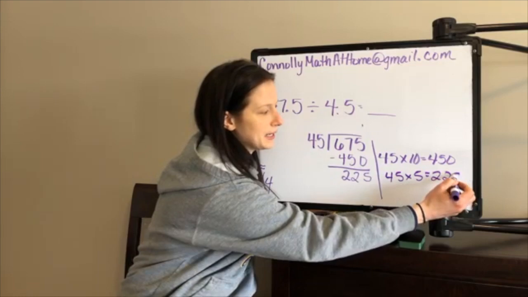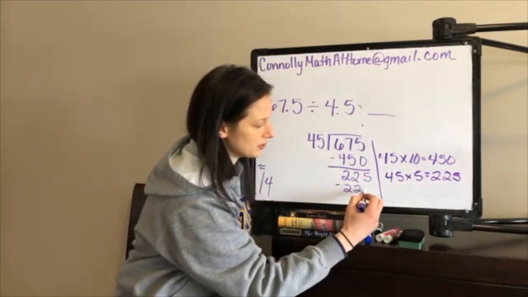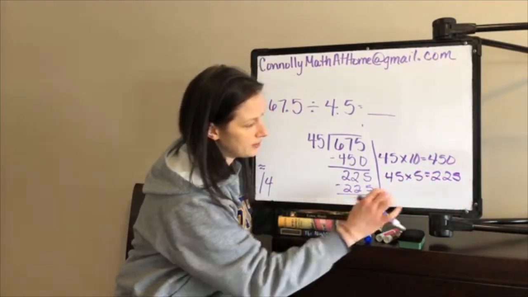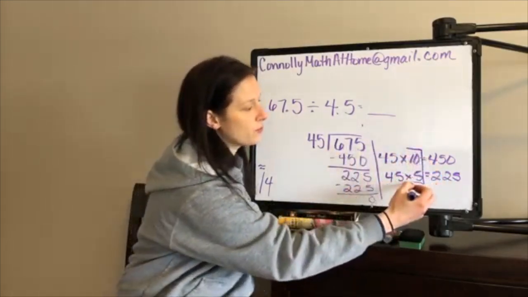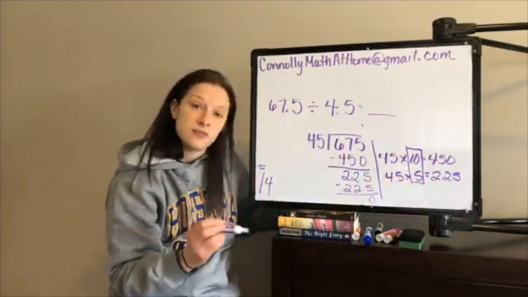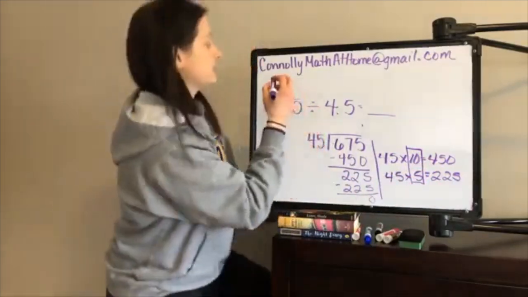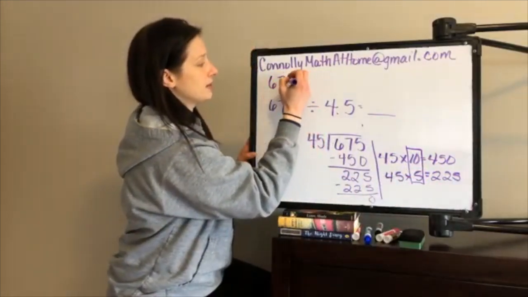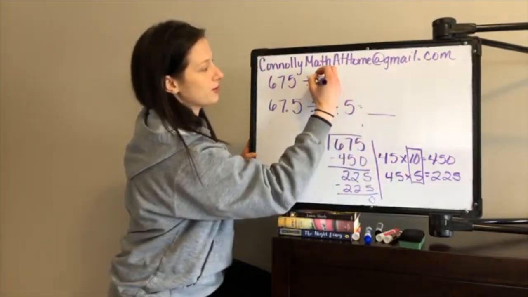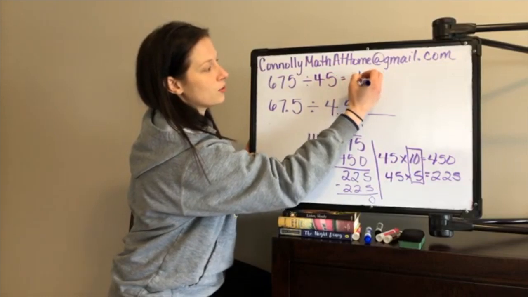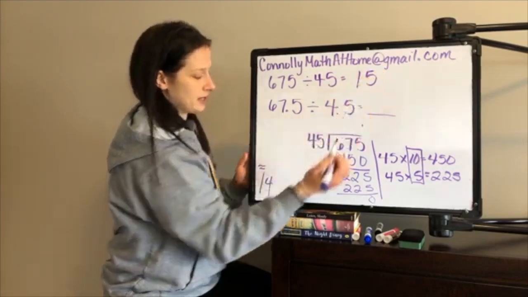Just adding in anything extra I can teach you while I'm doing this quickly. Okay, and let me just double check, 225. Yes, we're good. So when I am thinking about dividing with whole numbers, 675 divided by 45 is the whole number 15.